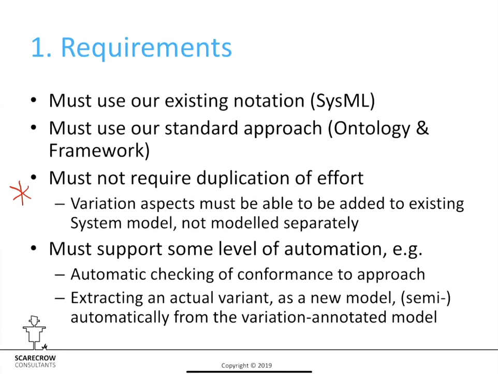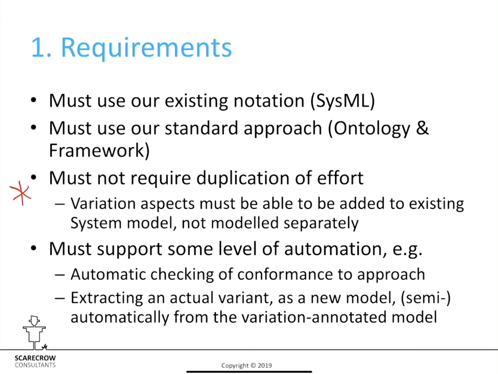And the fourth requirement was that we wanted an approach that would support some level of automation, both in terms of conformance to the approach. So, using things like scripting within tools to make sure that our variant modeling in a particular system that we were modeling actually conforms to the variant modeling approach that we defined, and also automation about extracting the variant.